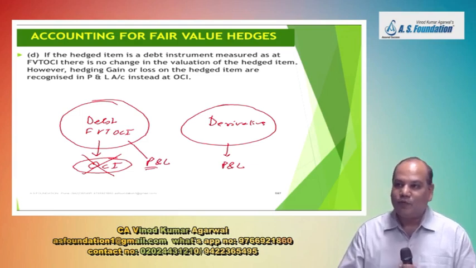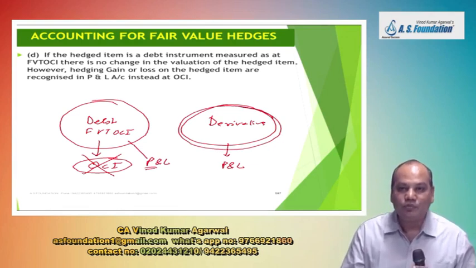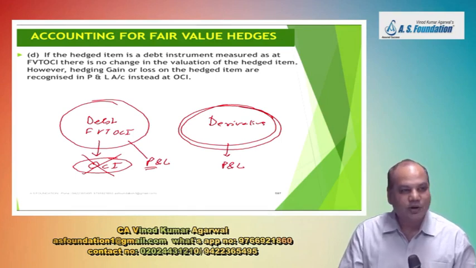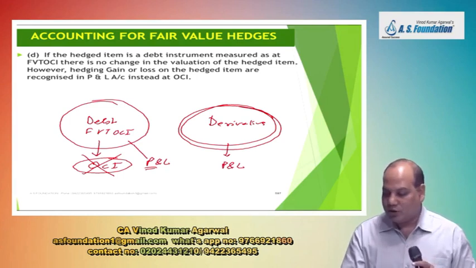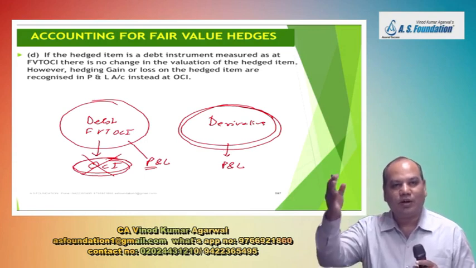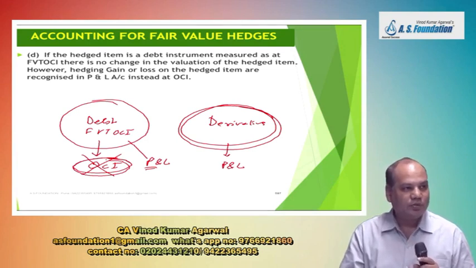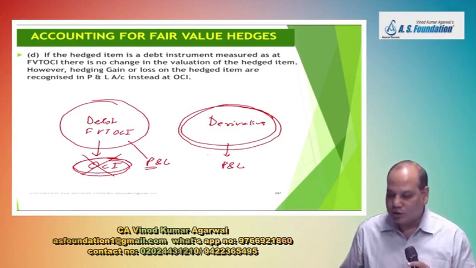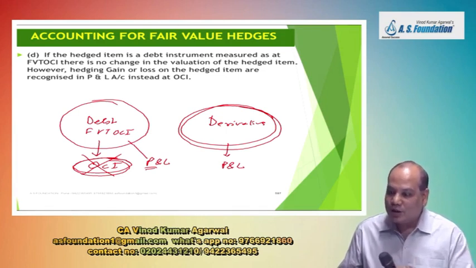Now be very careful. For equity instrument we had recorded the change in derivative to OCI, but for debt instrument we will record the change in fair value of the debt instrument to P&L account, because in any case the OCI later on gets transferred to P&L account. Okay, so this is for debt instrument: change the accounting of the debt instrument, not the derivative. But if it is an equity instrument, change the accounting of the derivative.